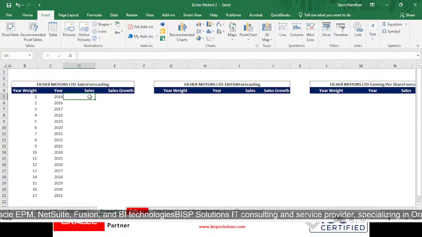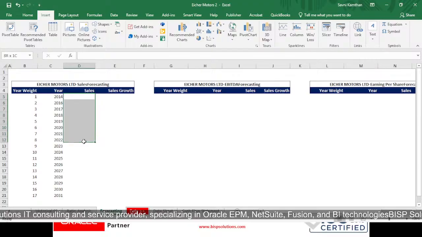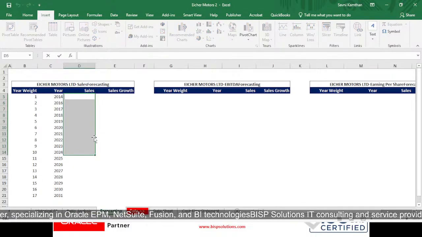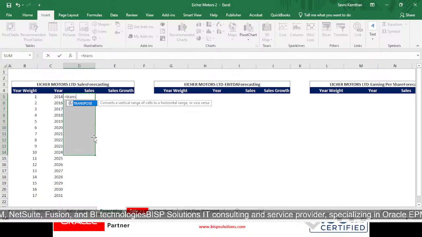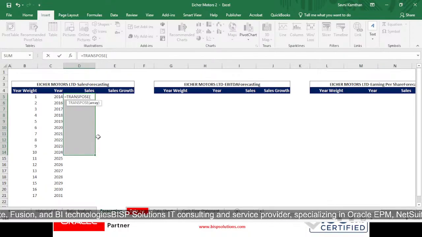Now if I see my sales, I have sales for 2024. I will be selecting the cells and pressing F2, then it will be enabled. Then I will be doing a formula over here, transpose, and it is asking me for the array.